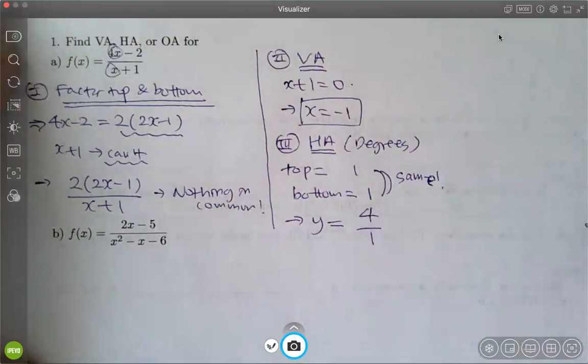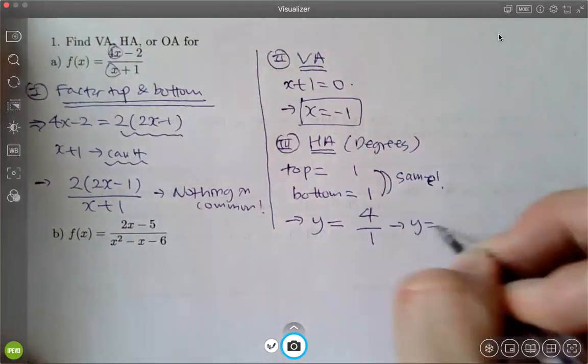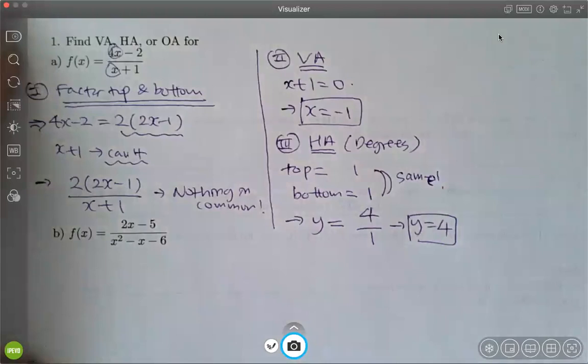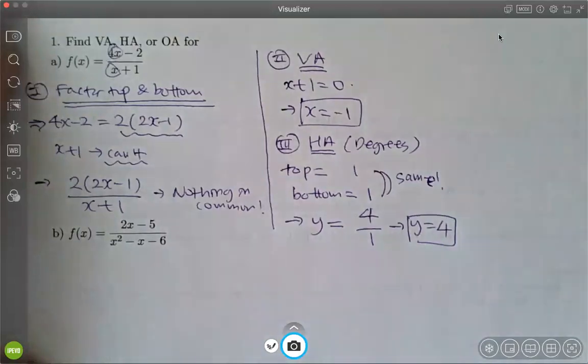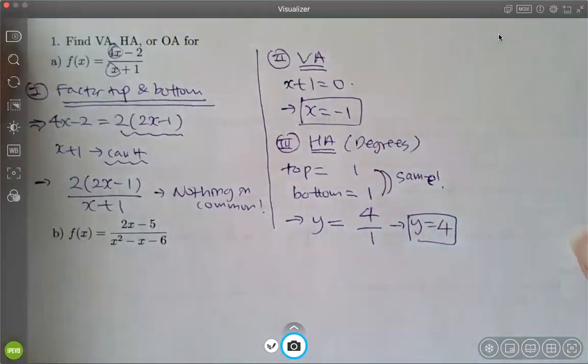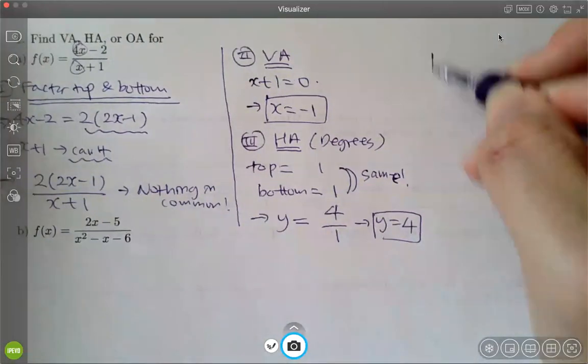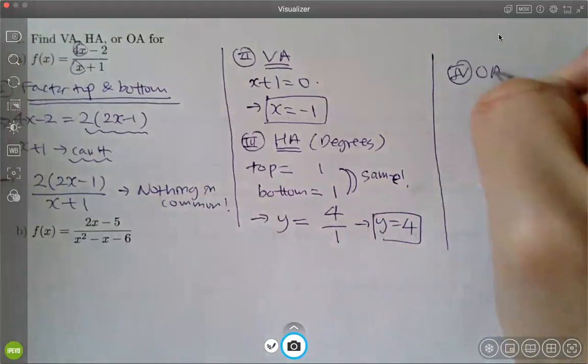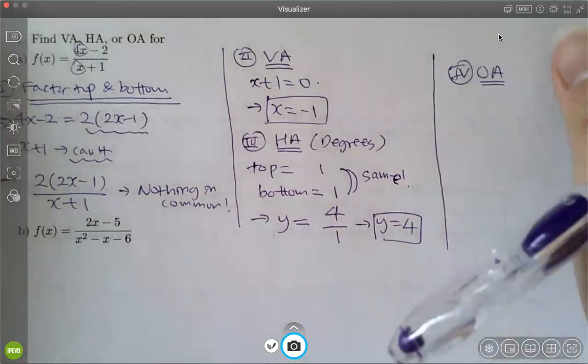So what is the horizontal asymptote? Y equals 4. Okay, so if you can reduce any fraction, you must. Okay, and now oblique. So where is the oblique asymptote?